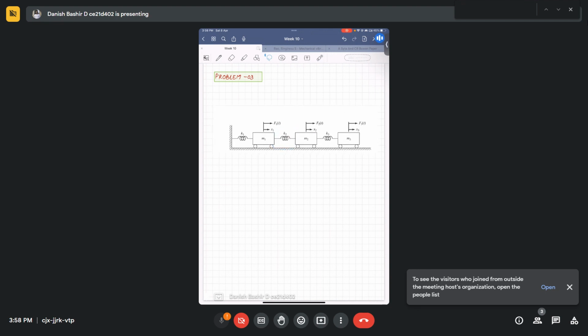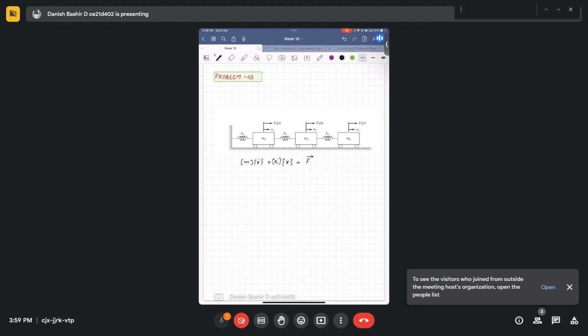So equation of motion we can write as, equation of motion for 3 degree of freedom system. We have M x double dot plus K x is equal to F, force vector.